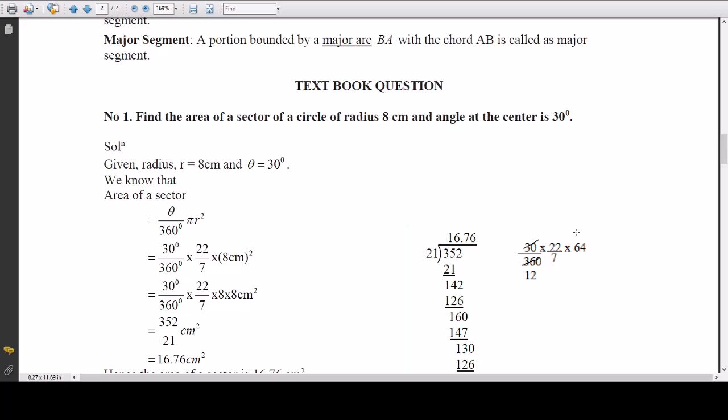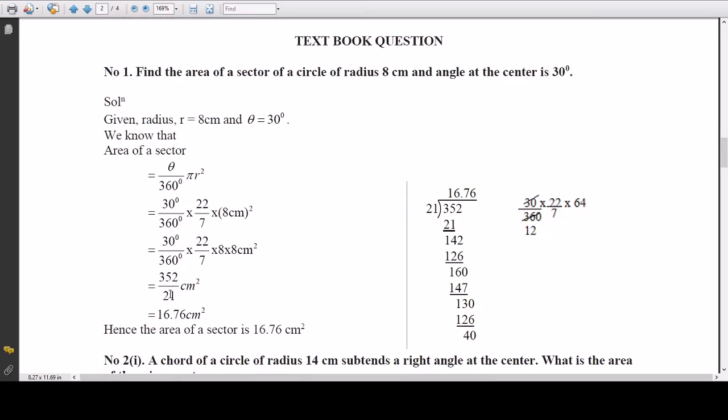Now 16 multiply with 22 and then divide by 7 multiply 3, 21. You are getting 352 by 21, and here I've shown you the division. On dividing this, you will get 16.76 cm square, and the area of the sector will be 16.76 cm square.